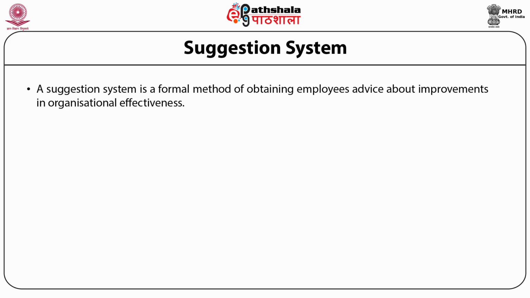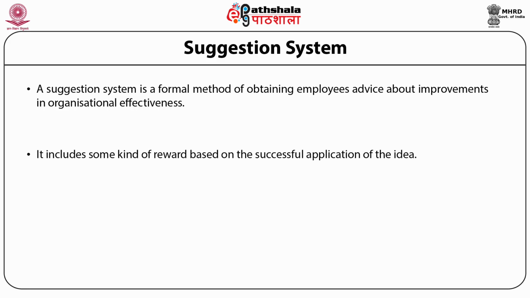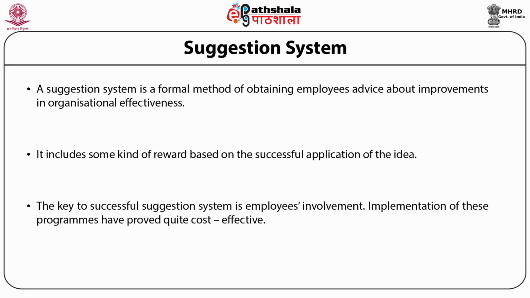A suggestion system is a formal method of obtaining employees' advice about improvements in organizational effectiveness. It includes some kind of reward based on the successful application of the idea. The key to a successful suggestion system is employees' involvement.